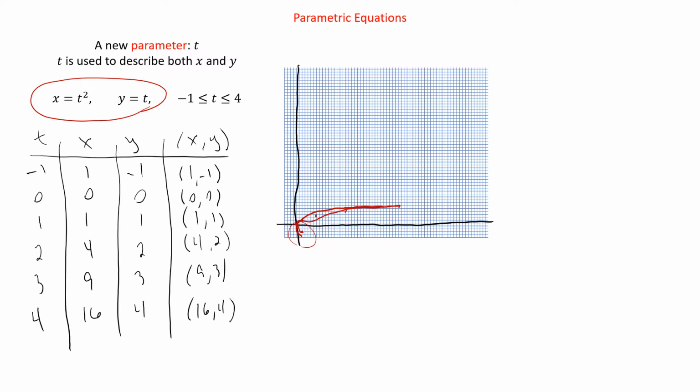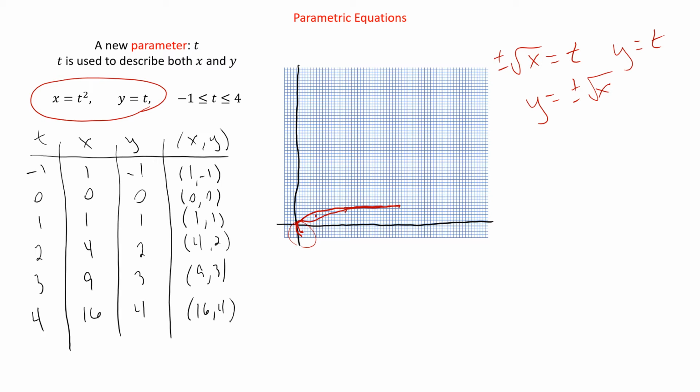For this one, we take the square root. So we have the square root of x equals t. But when we take the square root of both sides, we never just have the square root. We have plus or minus the square root of x equals t. And y equals t, which, if this equals t and this equals t, means that y would have to equal plus or minus the square root of x.